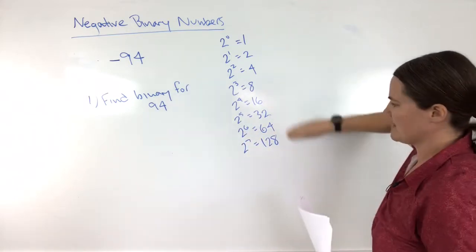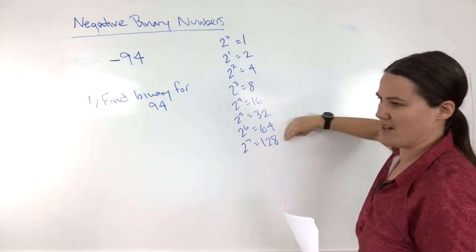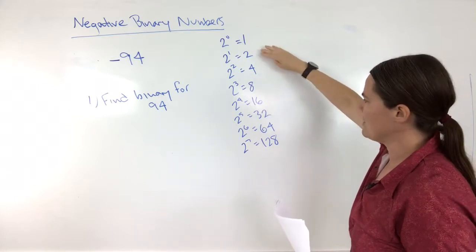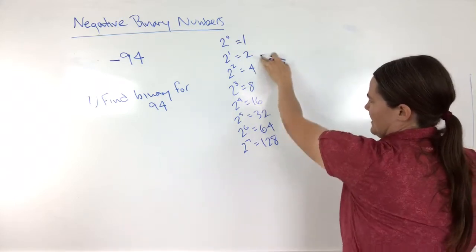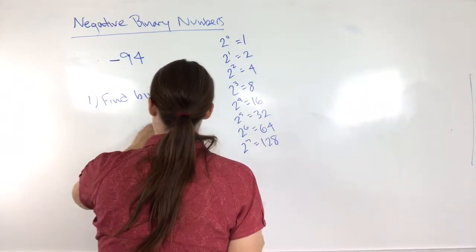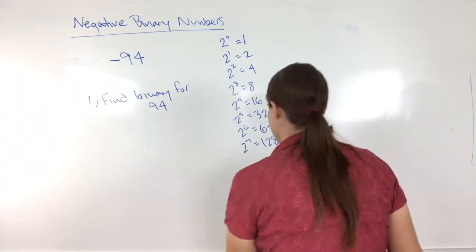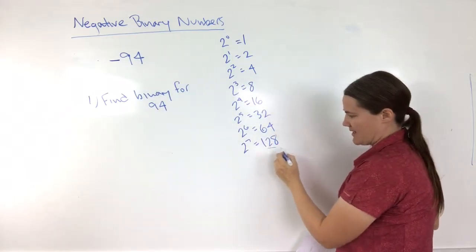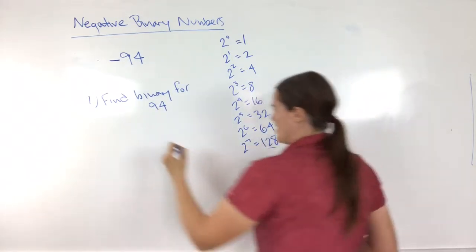One thing to notice with the binary system is that each time you move up, it doubles your number. So if we want to write 94 as binary, first of all, 128 is larger than 94, so we want to start with 64.